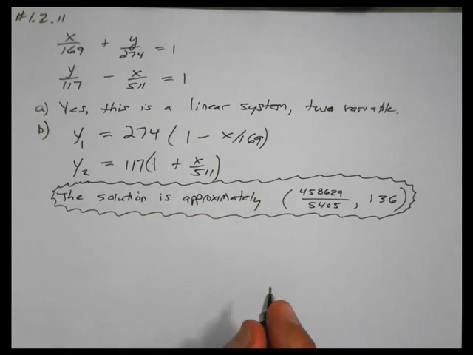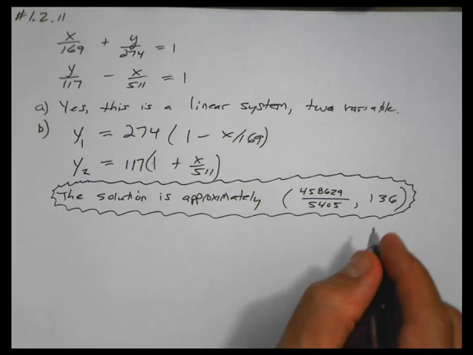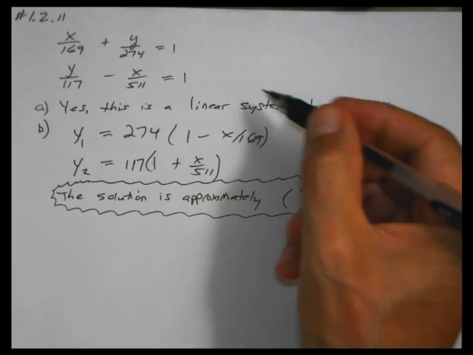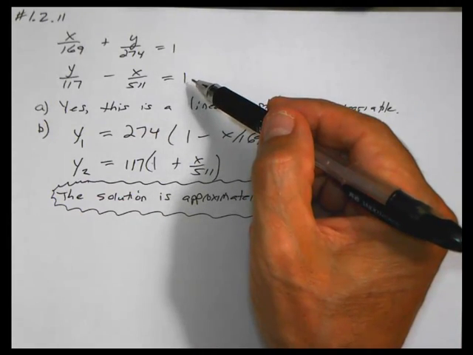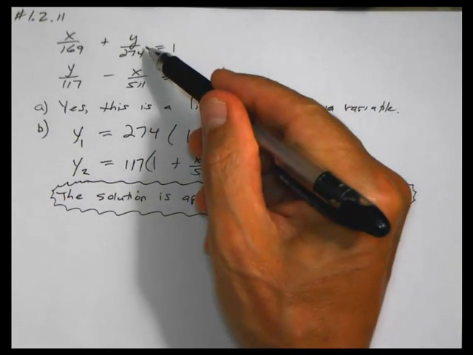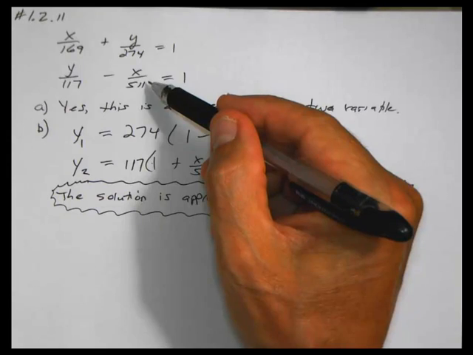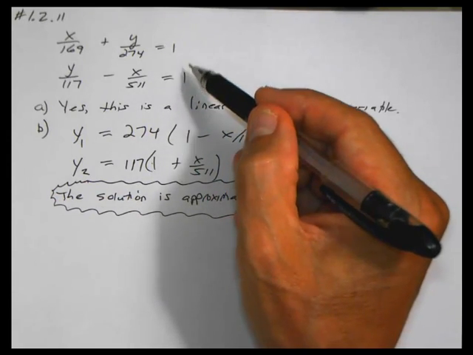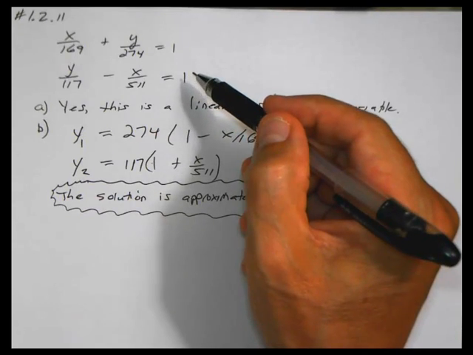Now, a little bit of explaining here because we only have an approximate y-coordinate. What's happened here? Well, let's look at this system originally here, and we notice that the coefficients, each is a rational number, and the constant terms, they're both 1. Okay, a rational number as well.